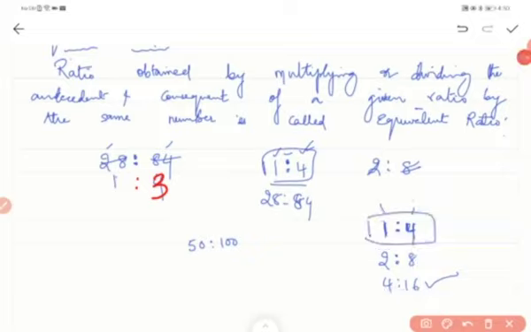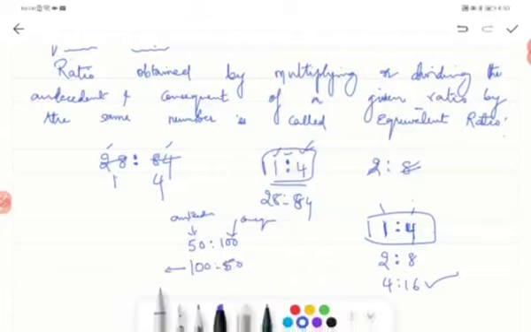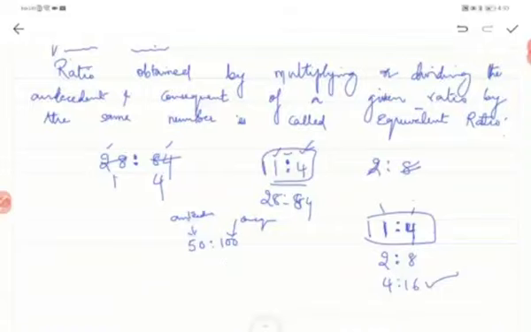Now one more example is the 50 is to 100 ratio. 50 is called the antecedent and 100 is called the consequent. If I have the ratio 100 is to 50, the first term will become the antecedent and the second term the consequent. Now I want to find the equivalent of the ratio 50 is to 100. I will divide the antecedent with 10 and also the consequent with 10.